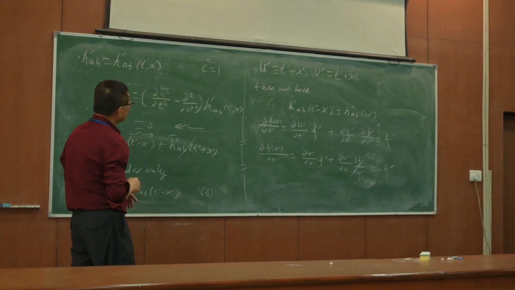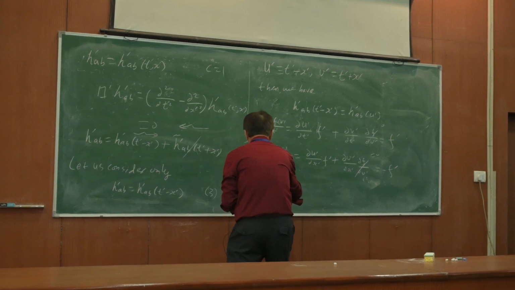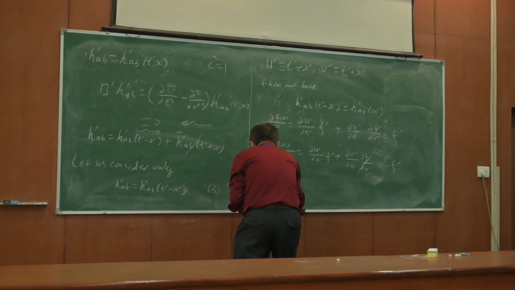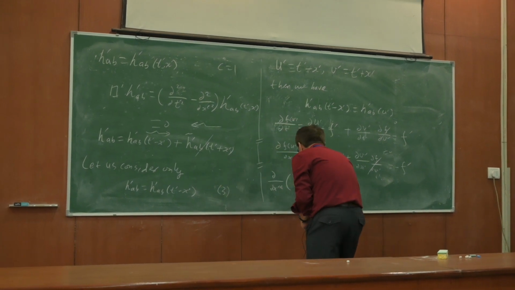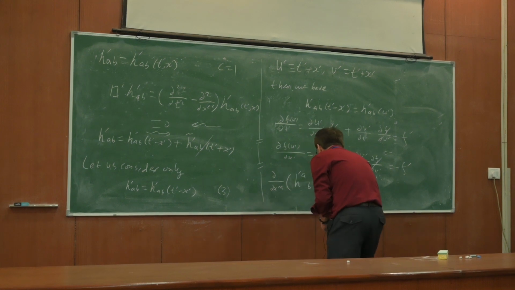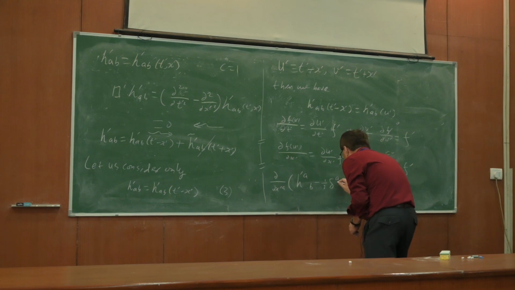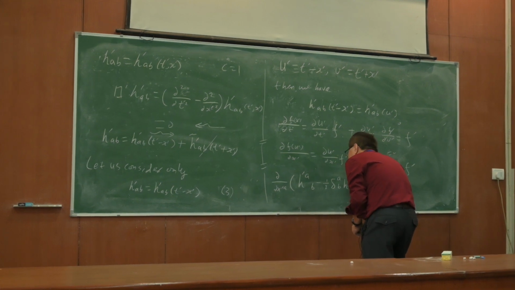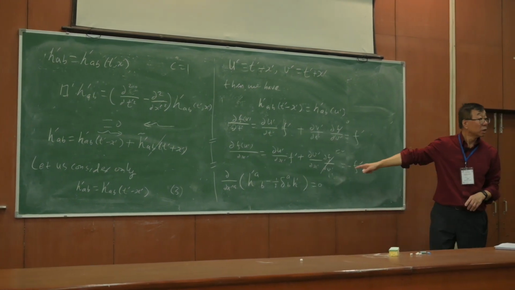Now I'm going to consider the gauge condition: d/dx prime of h a e prime minus 1/2 delta a b h prime. This equals 0, right? This is our gauge choice.